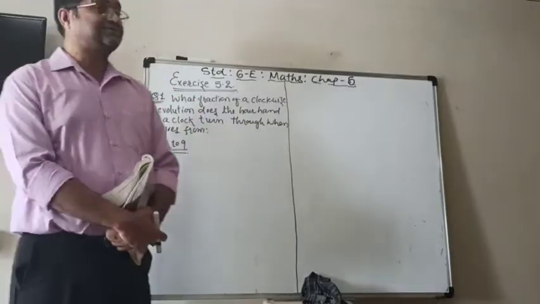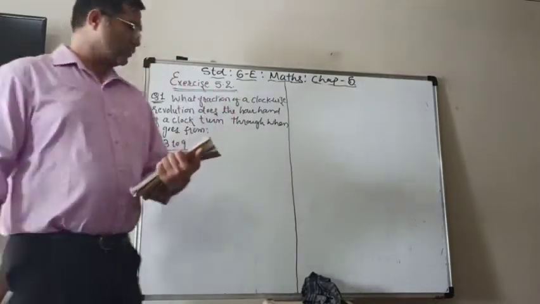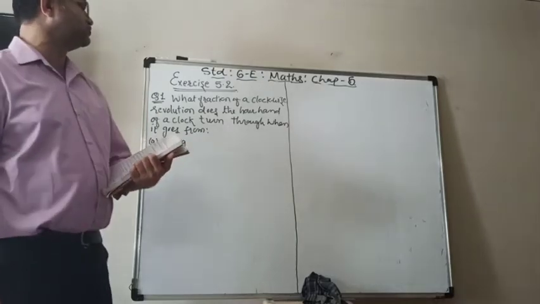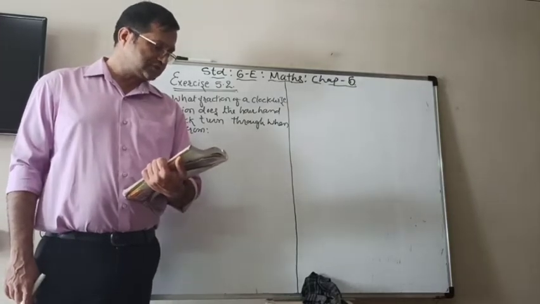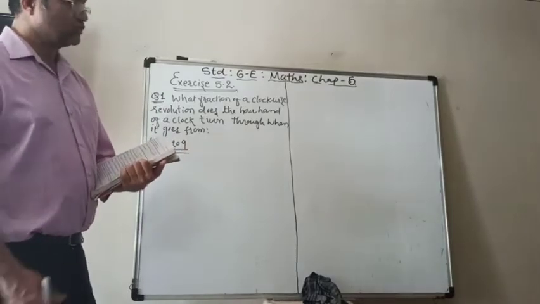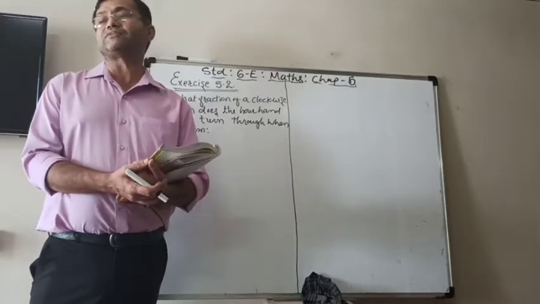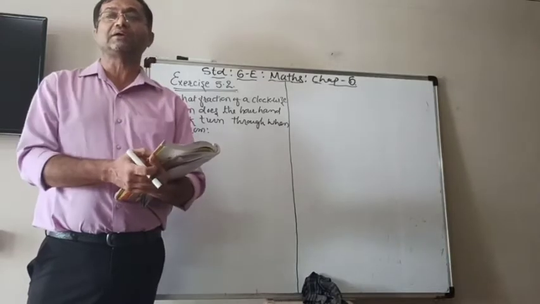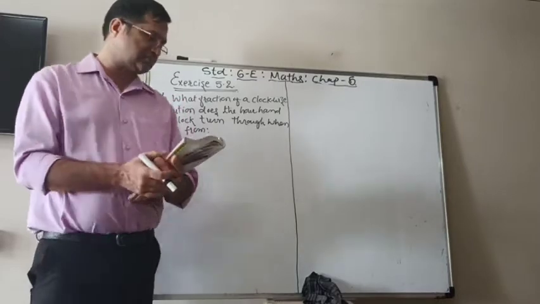Now exercise 5.2. Question number 1 is: what fraction of a clockwise revolution does the hour hand of a clock turn through when it goes from... Here different situations are given, where the hour hand of the clock starts moving from a particular number, and we have to find the fraction.